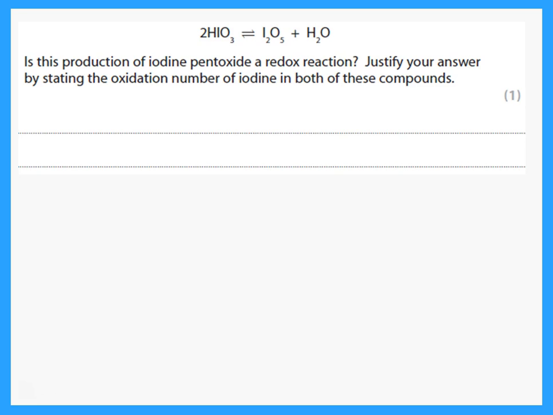Now it changes into I2O5. Well, each oxygen is -2, so I have -10. So the iodine is still +5. So this is not a redox reaction because the oxidation number of iodine in both cases is just +5.